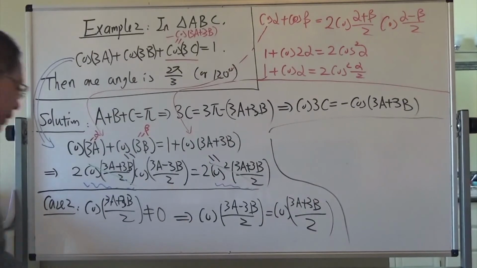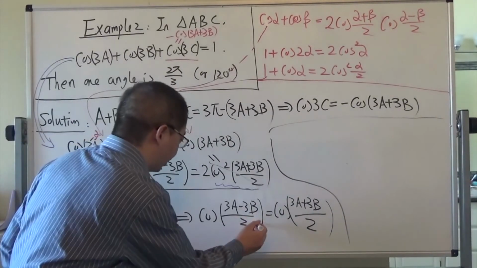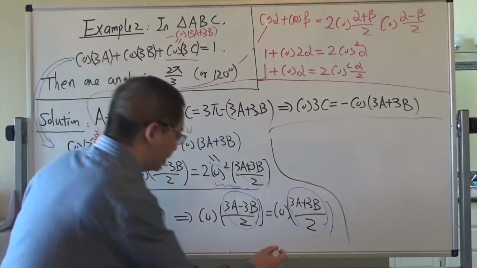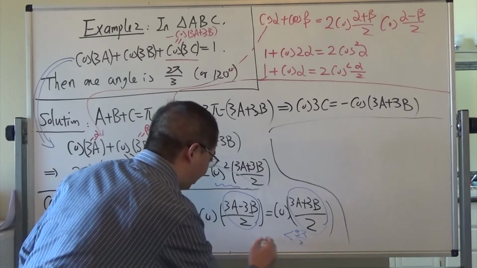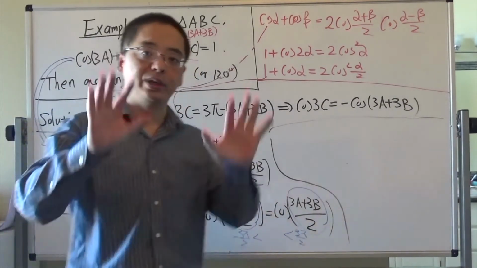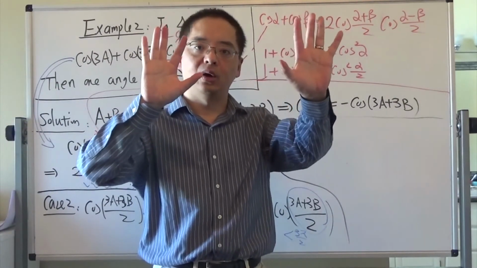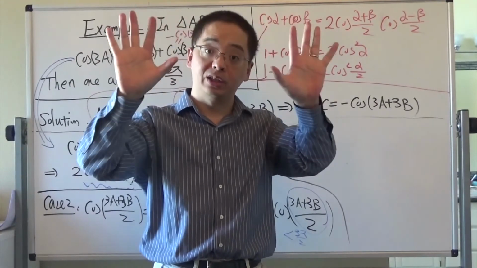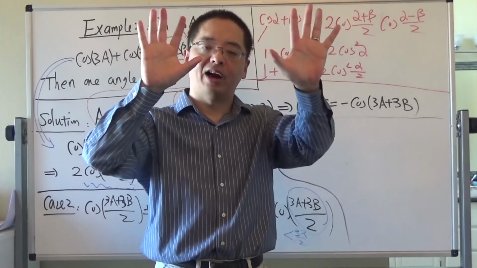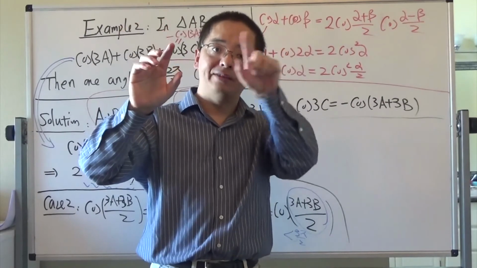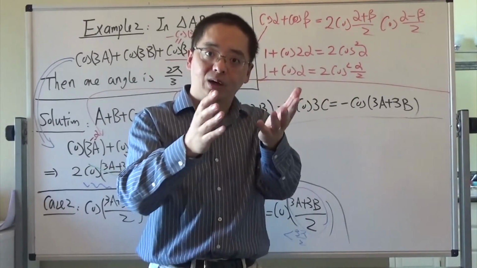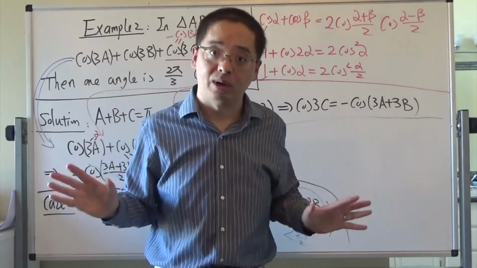Now if I look at the range of these two angles, (3a minus 3b) over 2 and (3a plus 3b) over 2, both are less than 3 pi over 2 but bigger than negative 3 pi over 2. If cosine alpha equals cosine beta, then alpha either equals beta plus integer multiples of 2 pi, or alpha equals 2 pi minus beta plus integer multiples of 2 pi.